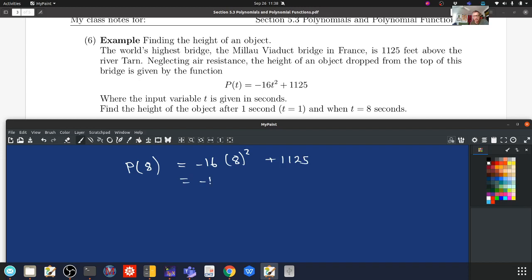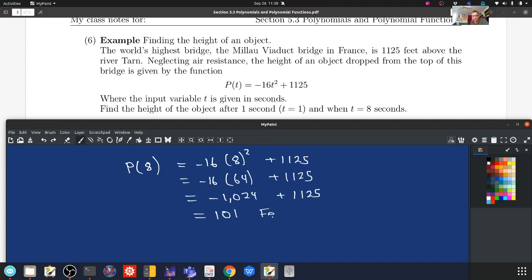Well, that's minus 16, and 8 squared is 64, plus 1,125. And this turns out to be minus 1,024 plus 1,125, and that turns out to be 101 feet. Now, of course, that little dot there meant feet, 101 feet.